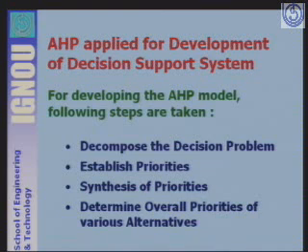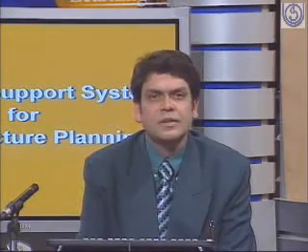From the context in which we are applying the problem, that determines the objective. Here in our case study, infrastructure planning, there are two cities between which a road is to be laid down. How to lay down the road, what alternatives are available? So basically the objective is to select the best highway project. That is the first thing on the top, which is the goal of the whole problem.